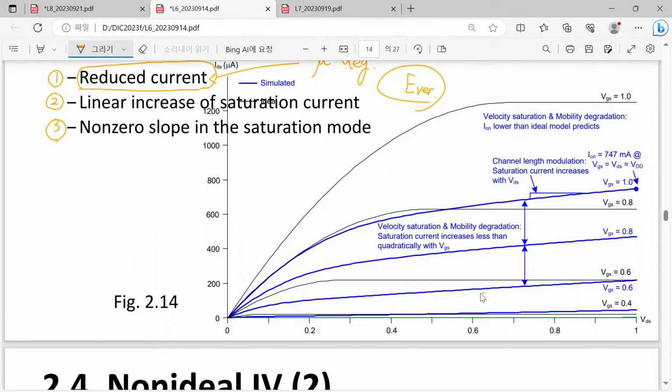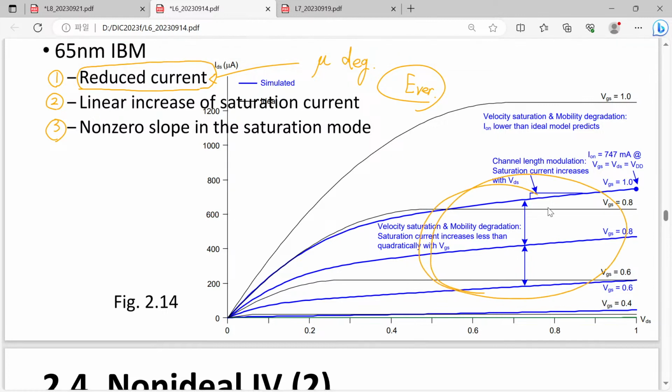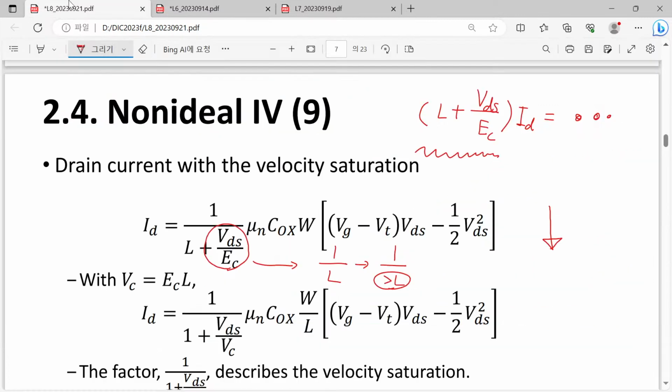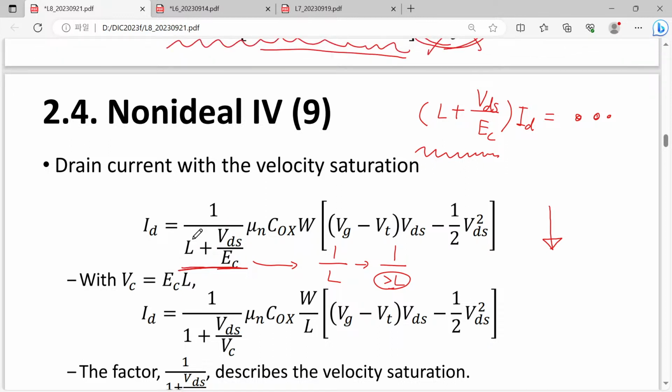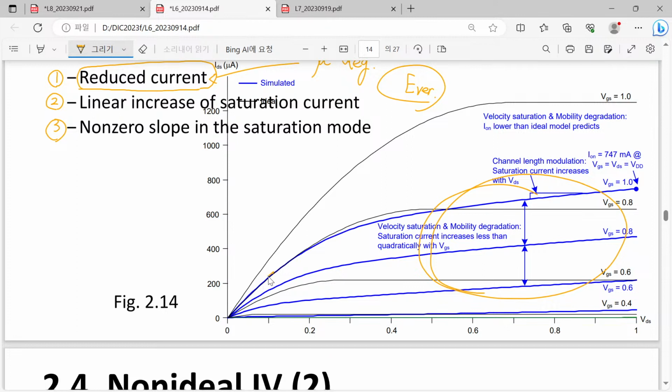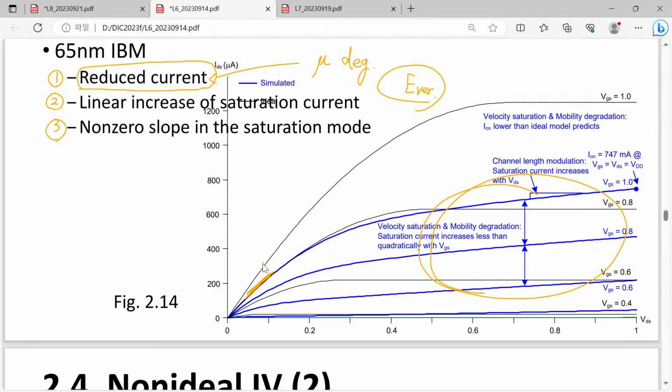However, when you go to higher and higher voltage, we have another one. Please once again have a look at it. Here we have a division factor larger than what? Larger than just L. However, when we have a very small drain voltage, that does not contribute. So simply speaking, here we have a degraded slope compared with this long channel description, but this reduction cannot be attributed to velocity saturation.